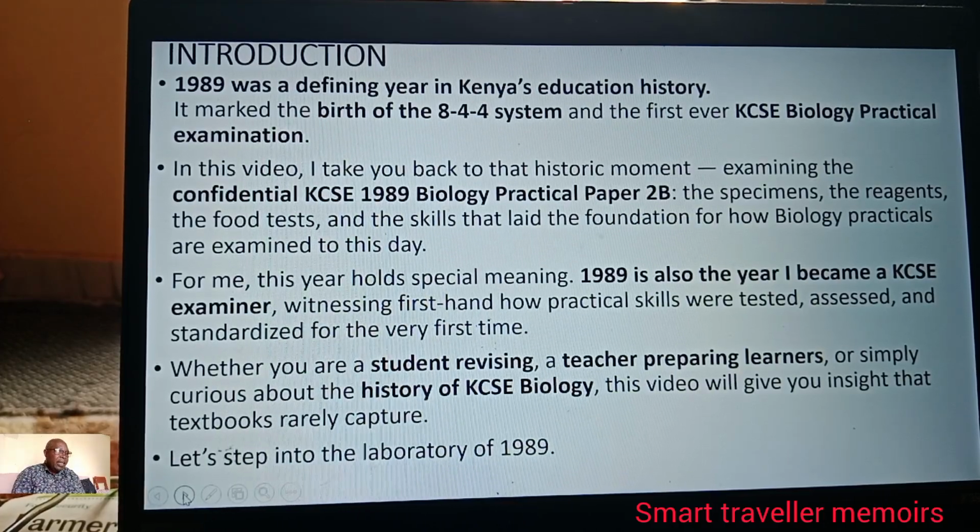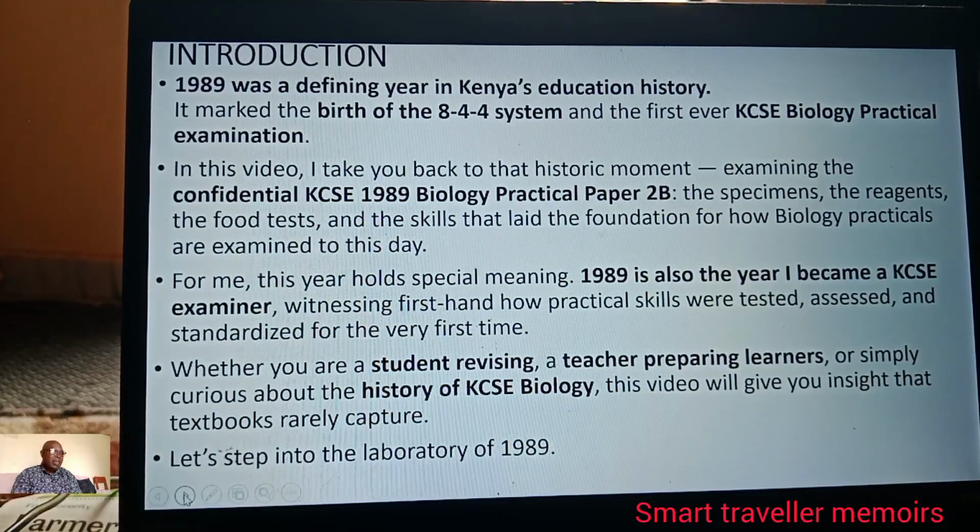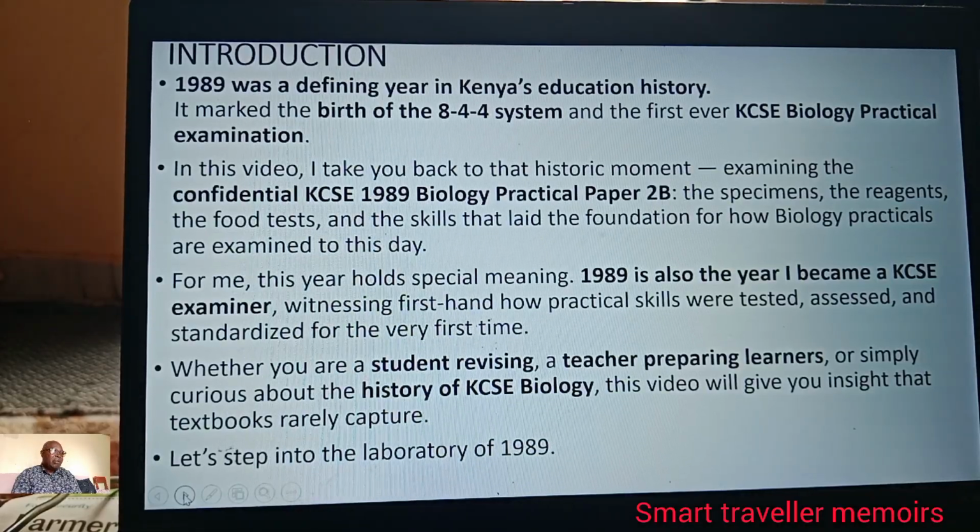1989 was a defining year in Kenya's education history. It marked the birth of the 844 system and the first ever KCSE Biology Practical examination.